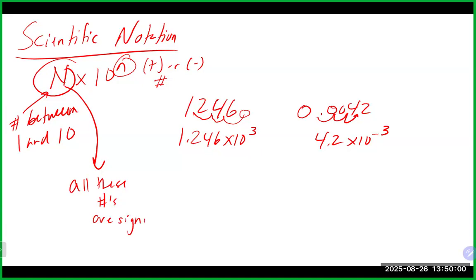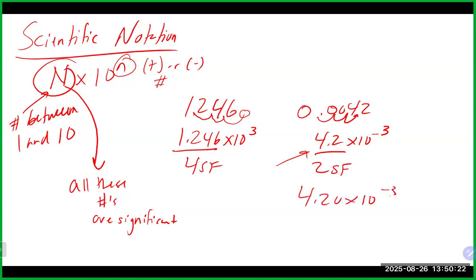So sometimes the only way you could get the answer to the right number of significant figures is to write it in scientific notation, because you could essentially control the number of significant figures. So for example, this one would have 4 significant figures, this one would have 2 significant figures. But let's just say, for example, I needed 3. I could just do this, and now it's got 3 significant figures.